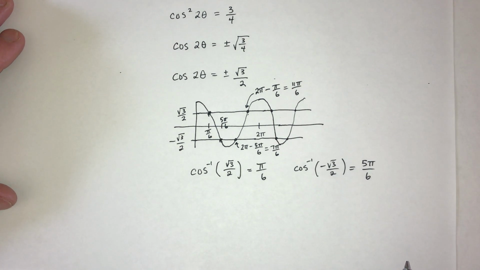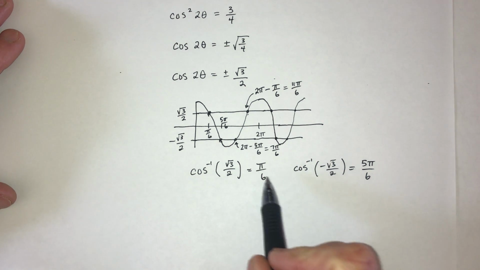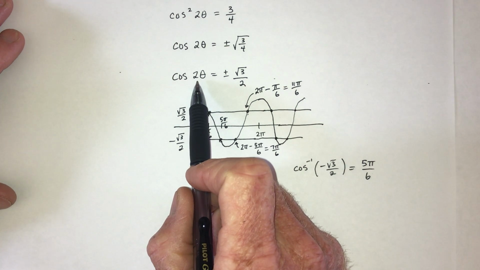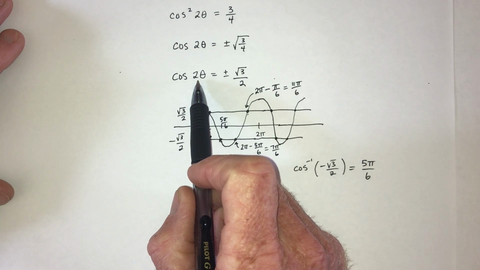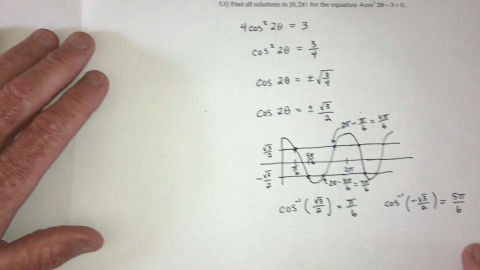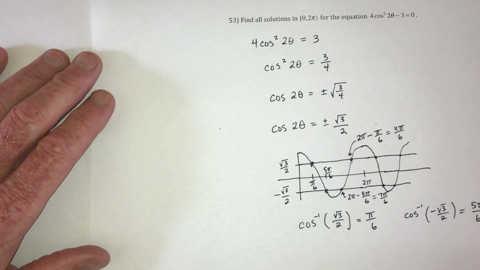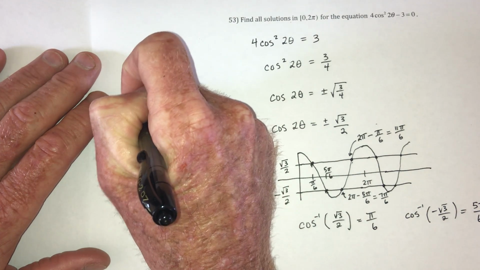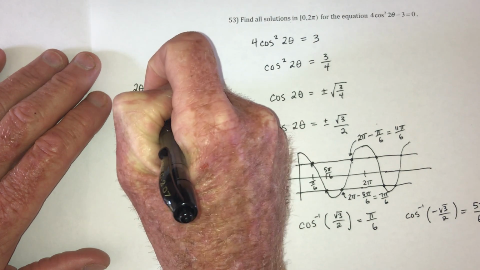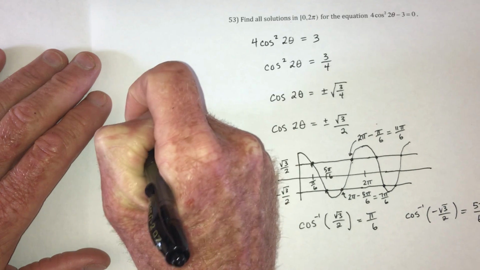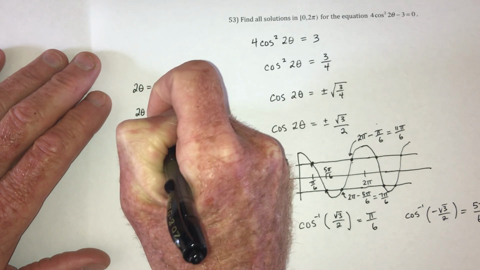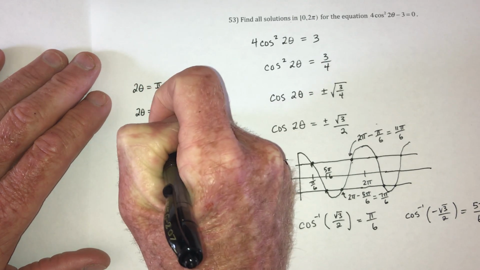All right, we're getting close to done, believe it or not. Now with all of these solutions that I'm getting, that's all going to be 2 theta equals. So I need to move over here so that I've got some more room and start writing those down. So 2 theta equals pi over 6. 2 theta equals 5 pi over 6.